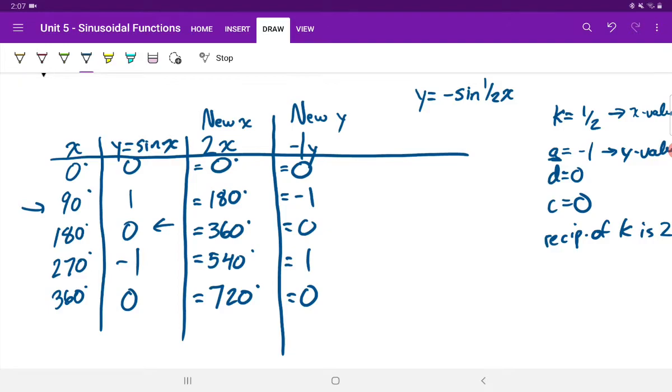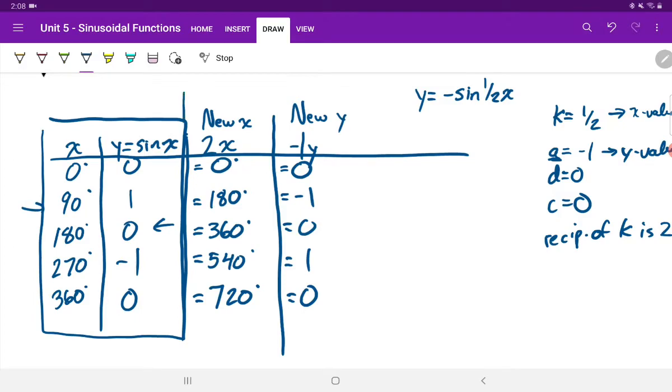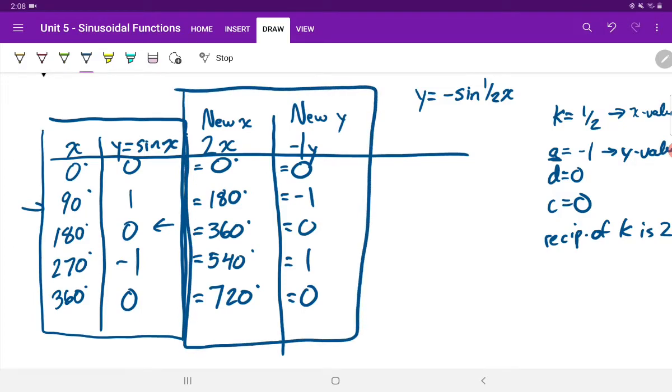All of our positive values are now negative, and our negatives are now positive for the y's. We're going to plot each of these. I'll do it in one color, and then I'll plot my new curve in another color. Again, I'm reiterating that there is no d and c, which means that I'm not adding or subtracting anything.